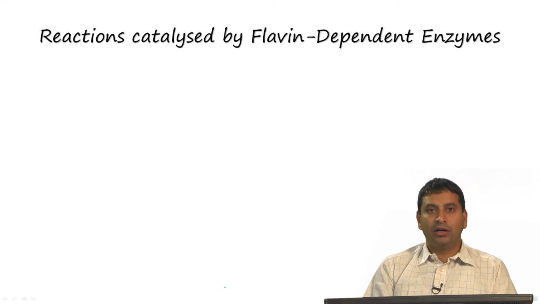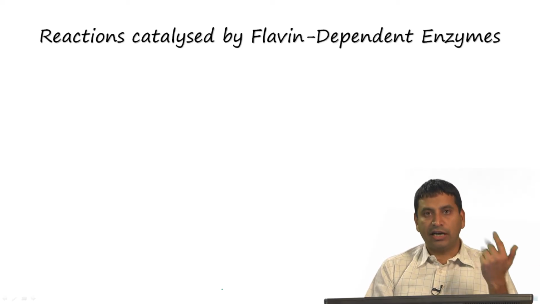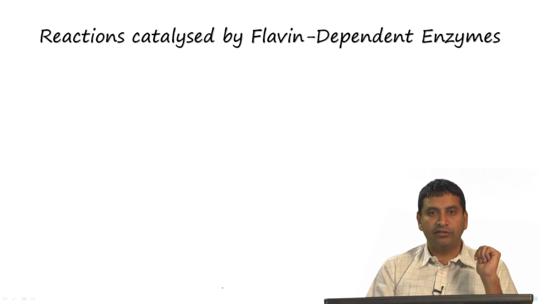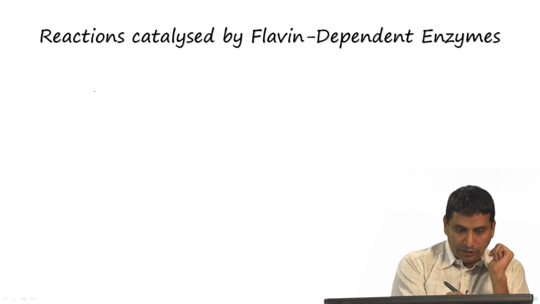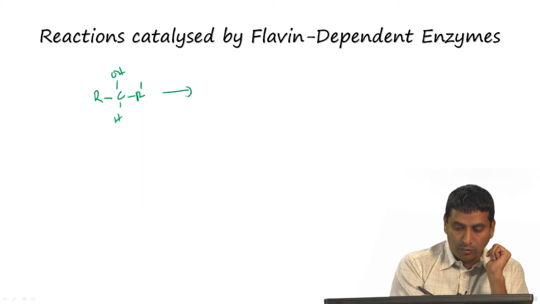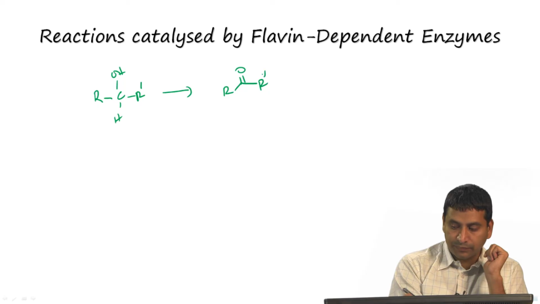Okay. Now, there are a number of reactions that are catalyzed by flavine dependent enzymes. Let us look at some of these. So, the first example that we are going to look at is RCOH, which is an alcohol, going to a ketone. Okay.